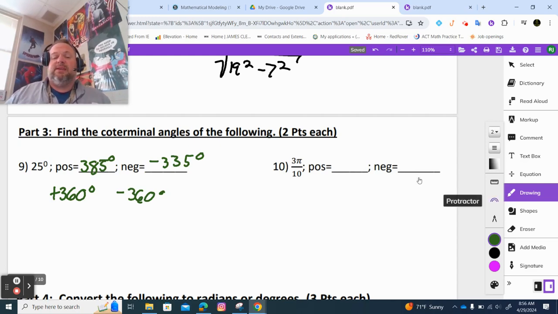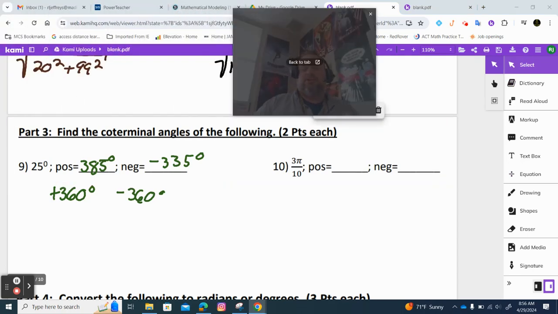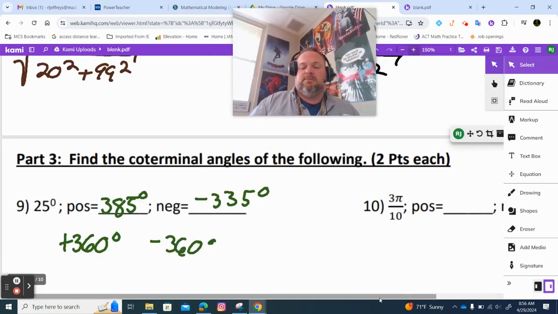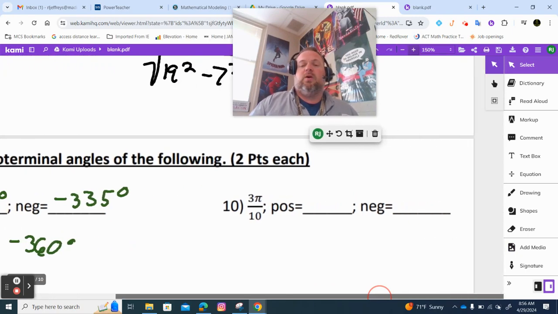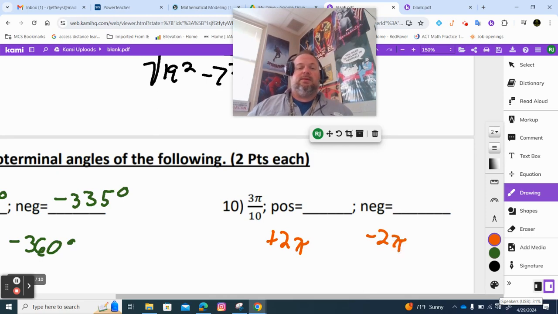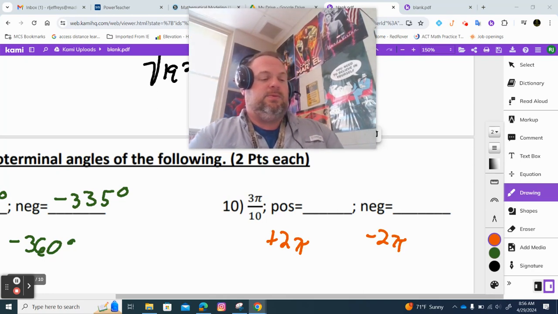Now, remember, what was the cool thing that we learned? That we had options, that we could actually put the stuff in the calculator with the pi button, or we could not. Okay, this one is 2 pi or minus 2 pi. All right, so 3 pi over 10 plus 2 pi.